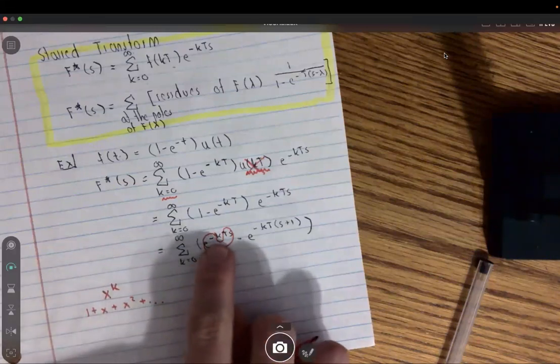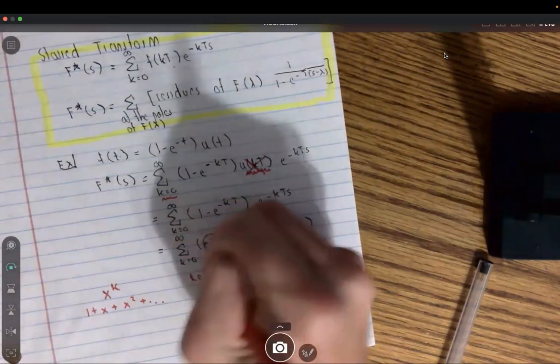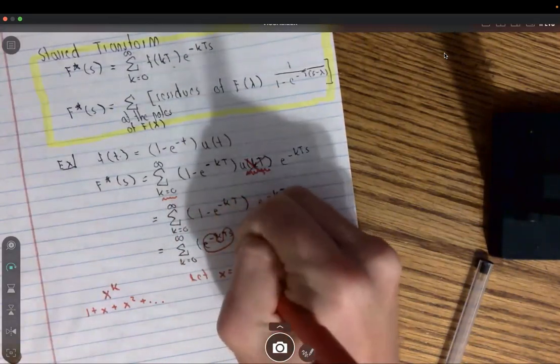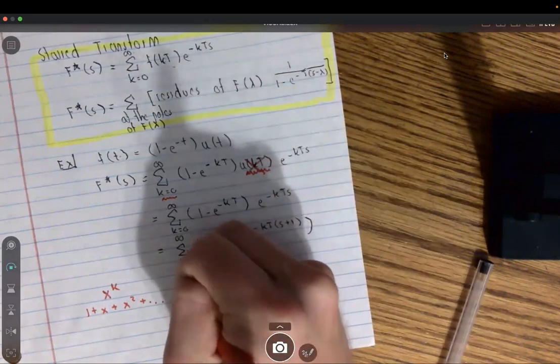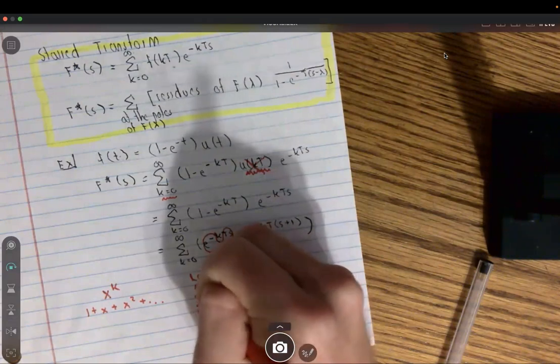If you let x equal e to the negative Ts, you can rewrite that summation as x to the k.